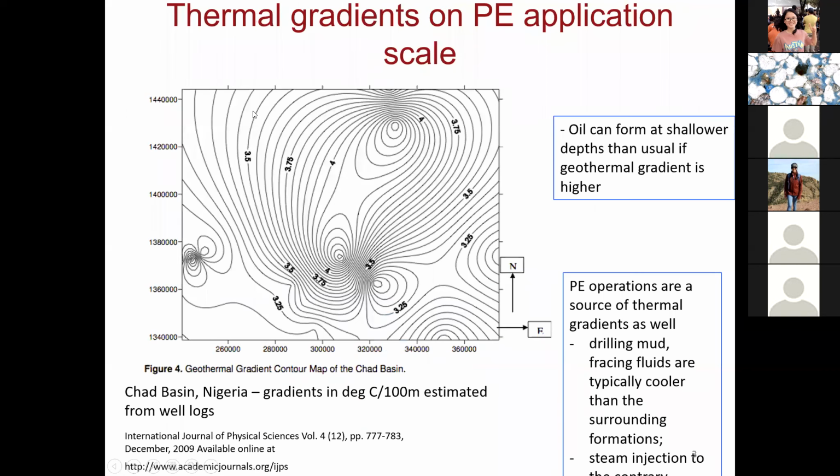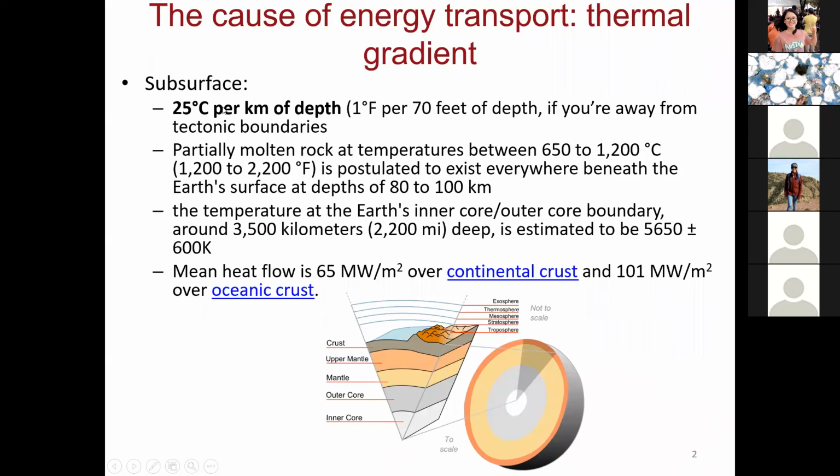So at 1 kilometer of depth, the temperature is 25 Celsius degrees warmer than it is on the surface. So here in Texas, what's the temperature today? 15, 20 Celsius degrees maybe? Can somebody check quickly online and report via chat? Whatever it is, at 1 kilometer depth from the surface, wherever you are, is basically 25 Celsius degrees more.